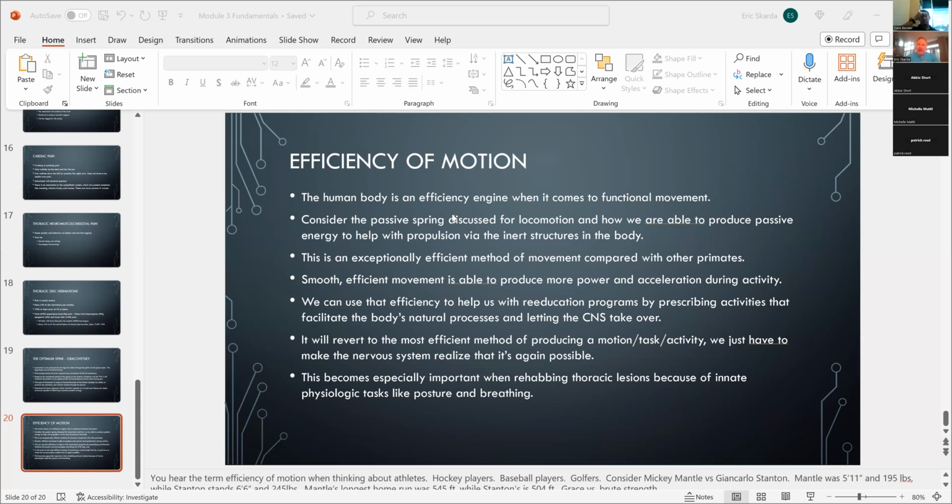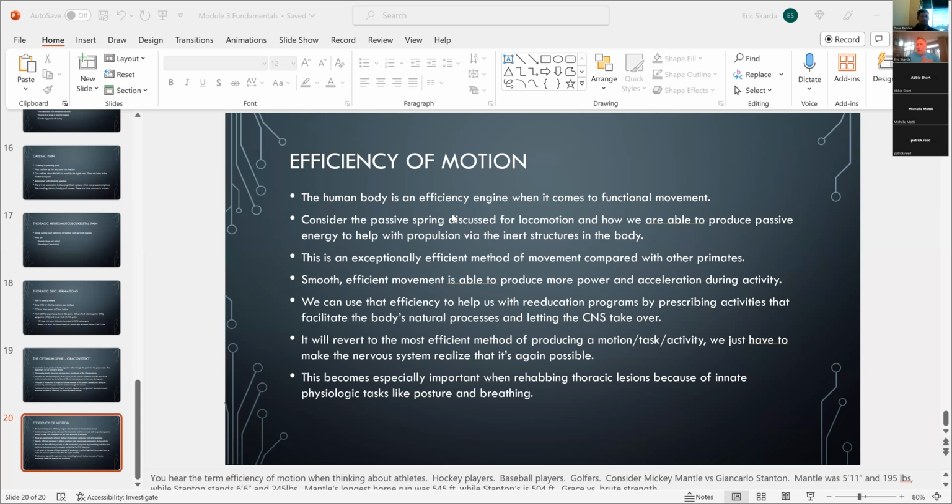The body has these innate protocols that it uses to produce these movements. But when it has to, because of anatomic variability or in particular biomechanical limitations, it has to make compensations, and it starts to develop these compensatory movements and these patterns with muscle recruitment, with motor patterning, all these different things, timing, all this sort of stuff comes into play.